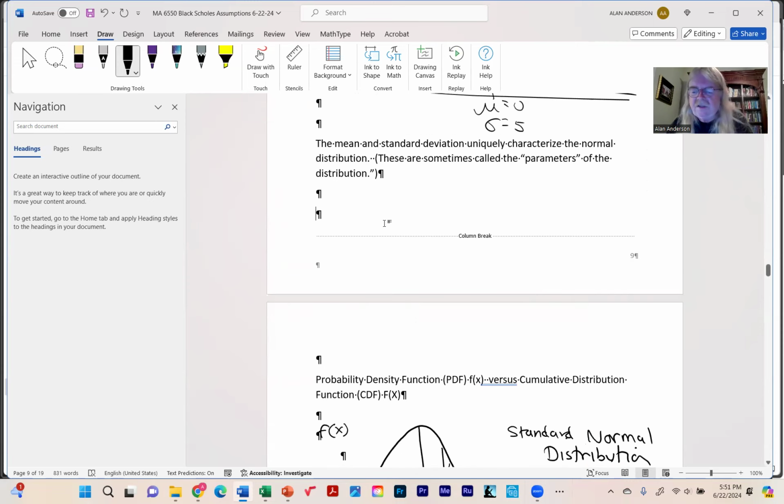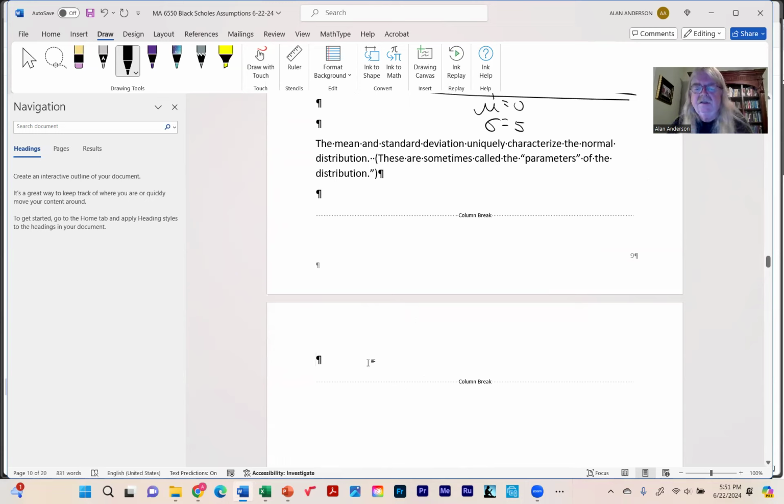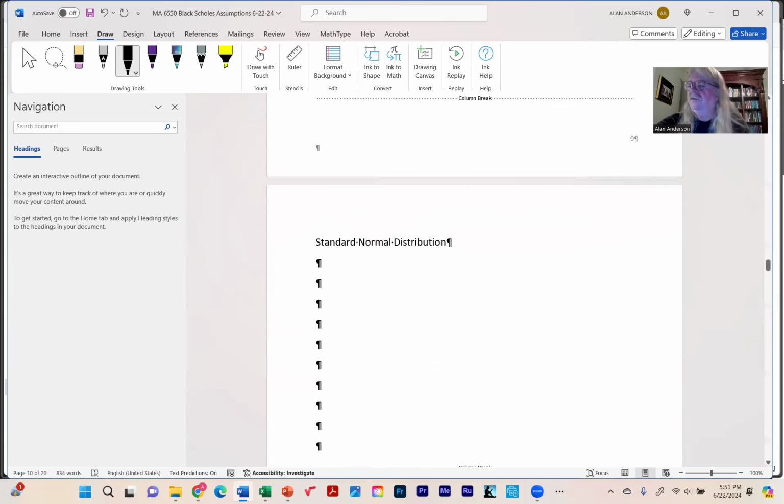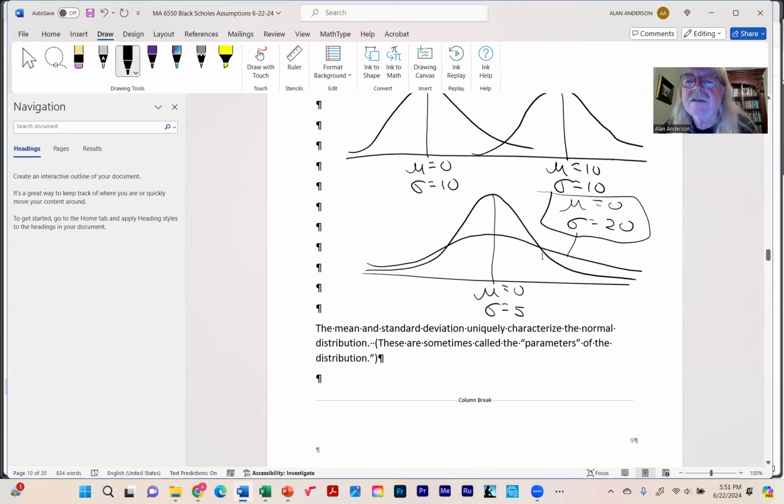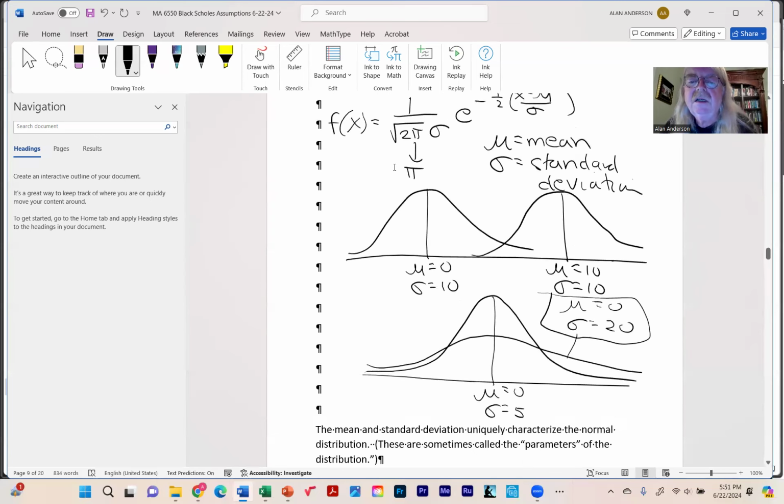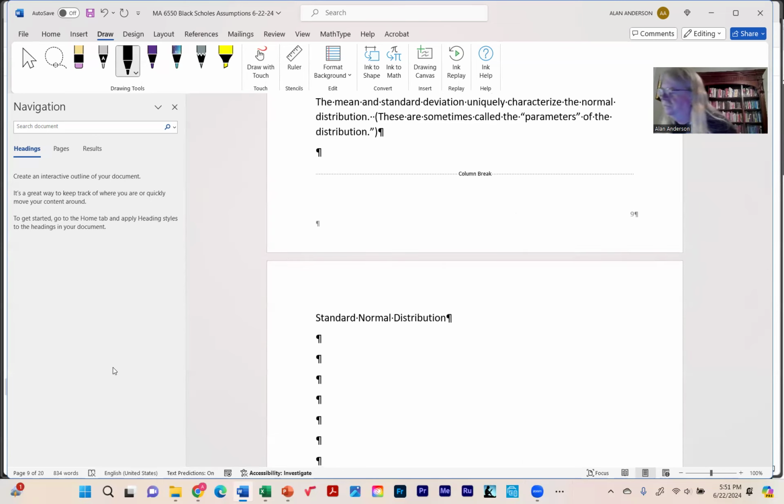Now, for the standard normal case, it's only slightly different. The only difference is that we have a mean of 0 and a standard deviation of 1. So the formula, and also don't forget, we're using z's instead of x's. Okay. So this time it'll look like this.